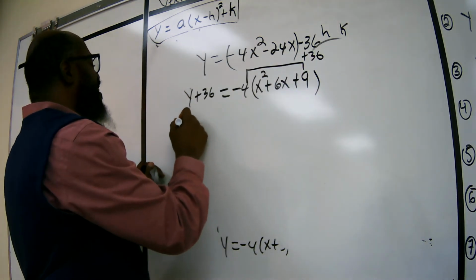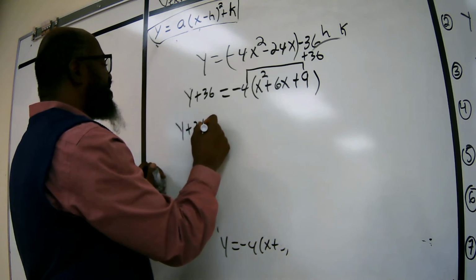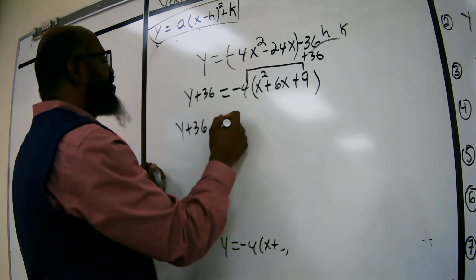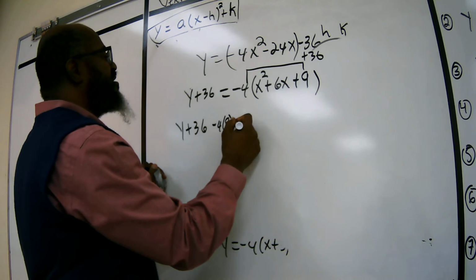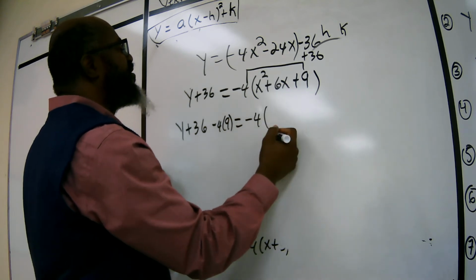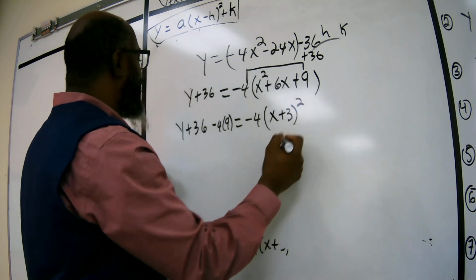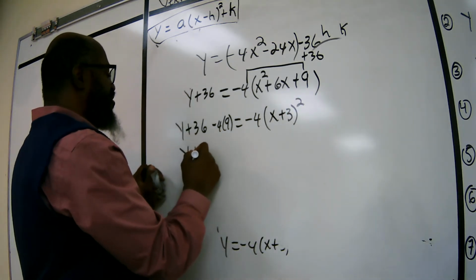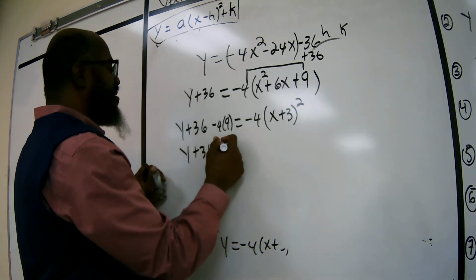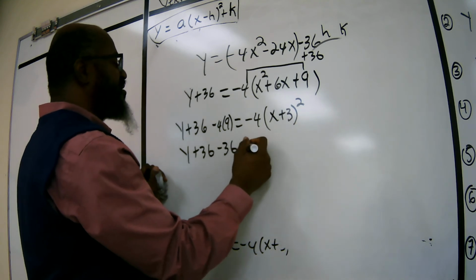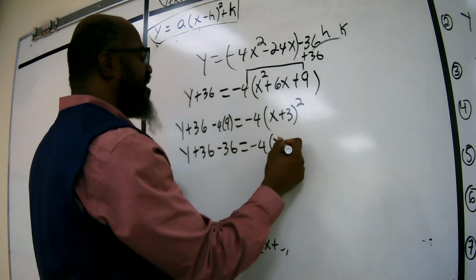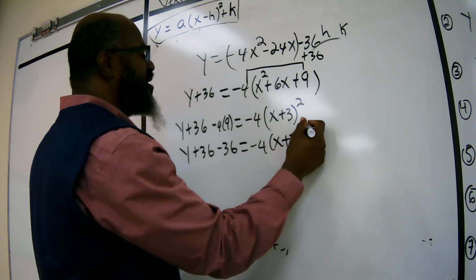Then you will have y plus 36 minus 4 times 9 on the other side is equal to negative 4 times x plus 3 squared. Then y plus 36 minus 36 is equal to negative 4 times x plus 3 squared.